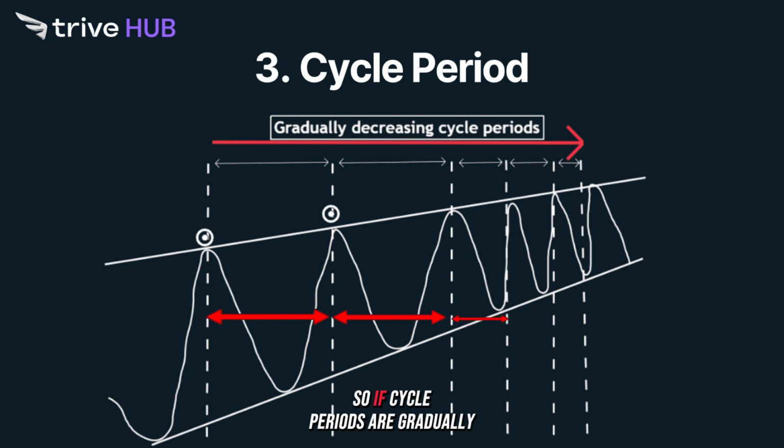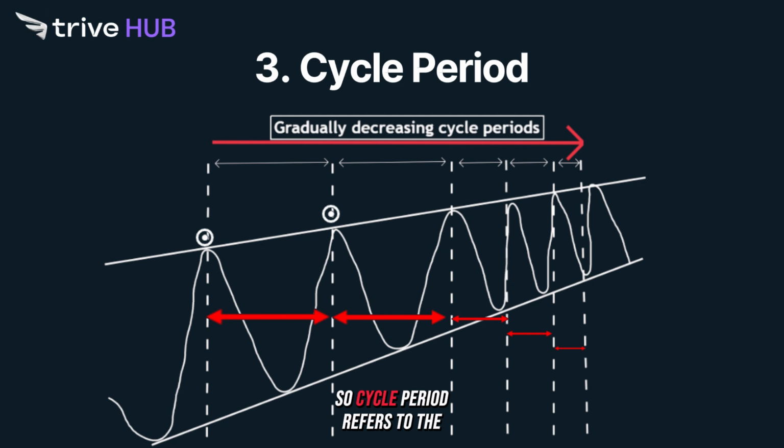If cycle periods are gradually declining, then we can say that the urgency of buyers and sellers to break the structure is rising, and we might see a change in the structure of the current market scenario.